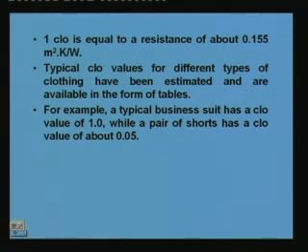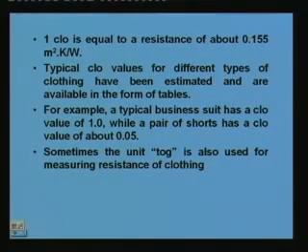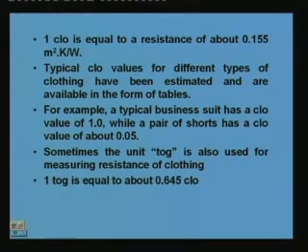Obviously, the more clothes you wear, the higher the resistance; with minimum clothes, the resistance is less. Sometimes the unit tog is also used, though clo is more common. 1 tog is equal to about 0.645 clo.